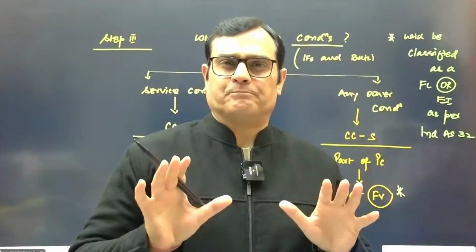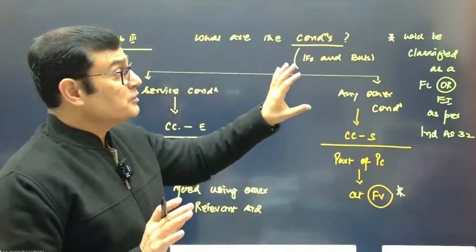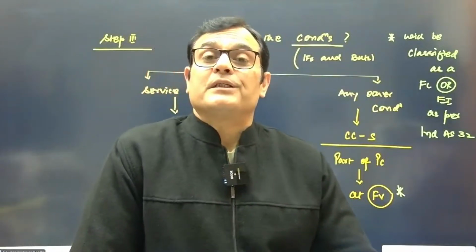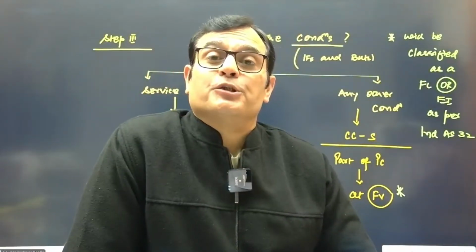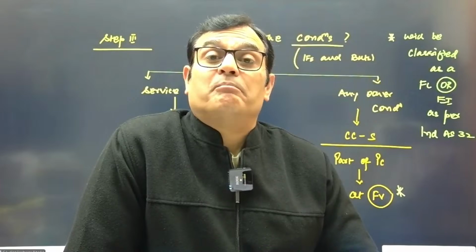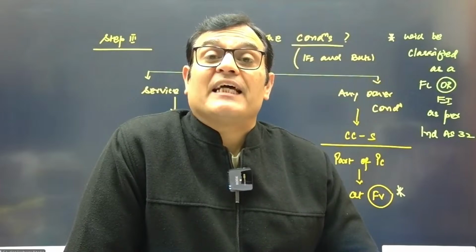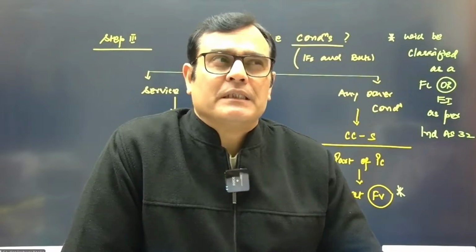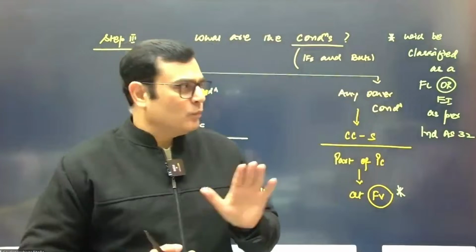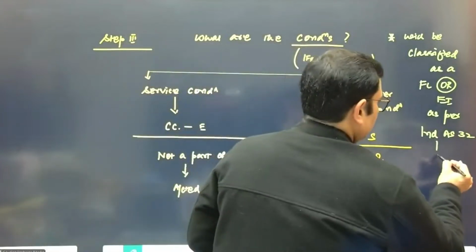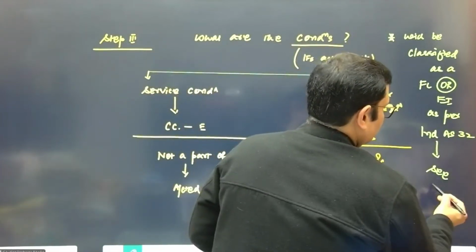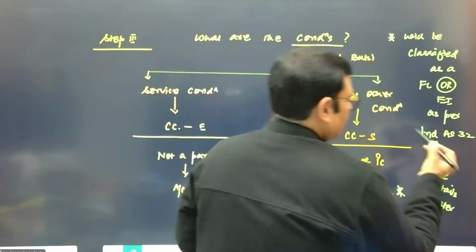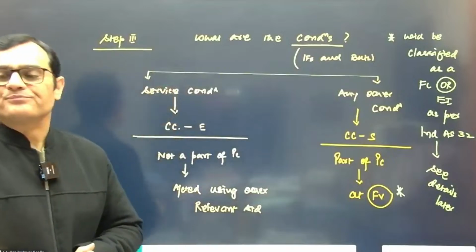That part we'll see later, because there is something which we need to see in good detail on this part as well. But remember, when it comes to a contingent consideration, it is to be classified for balance sheet purposes either as a financial liability or as an equity instrument. So we'll discuss this further. We'll do a little more detailed discussion later.